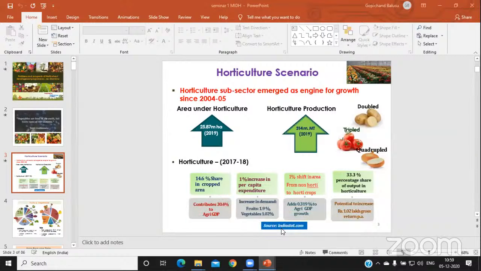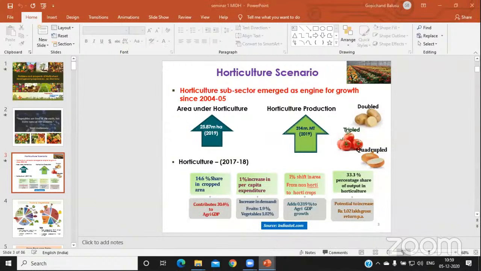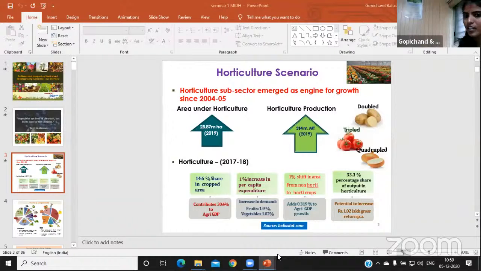Sir, some problem. Sir, change ಆಗ್ತಿಲ್ಲ.